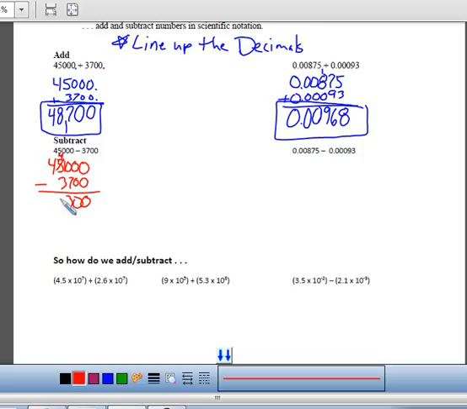4 minus 3 is 1. 4 minus nothing is 4. For a final answer of 41,300. And then, again, with the decimals, 0.00875. Really important to line up your decimals.